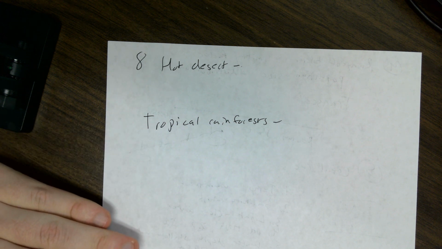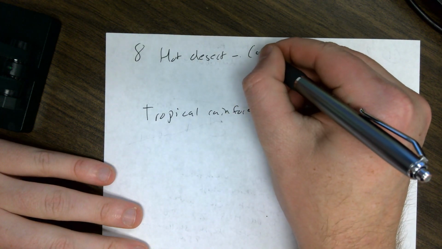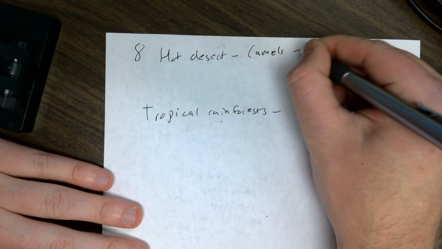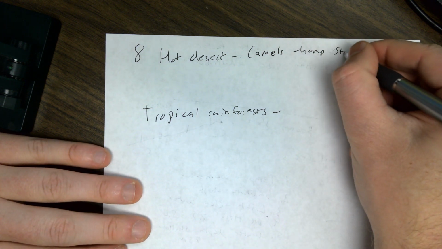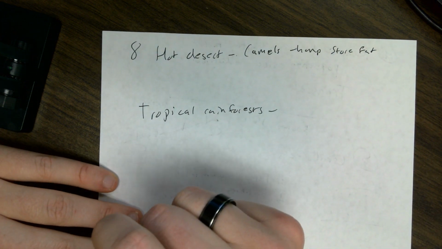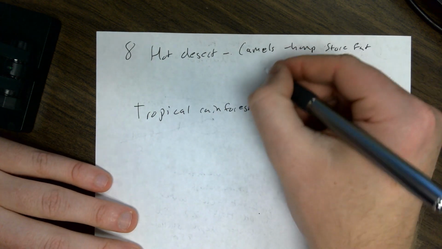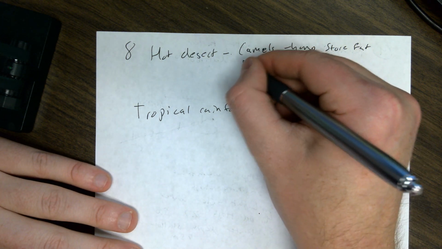There are not that many that live in the hot desert. But for the hot desert, we have our camels, right, with the hump that stores fat. They store fat to help keep them from getting dehydrated and to give them water, food, like energy.